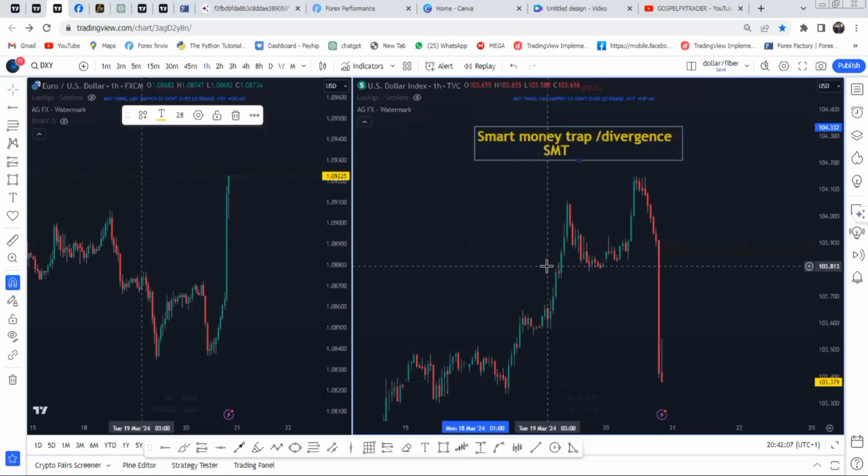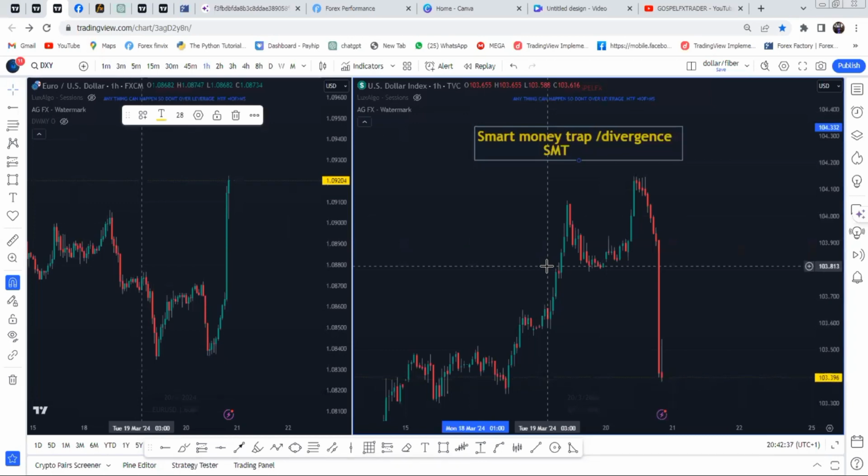All right. So now with the SMT trap, from the word trap, it simply means it is a trap move that happens in one asset. Now these two assets are correlated together. When the trap happens on one asset, you now have the confidence to execute on the other asset, or even on the same asset where the SMT happened.